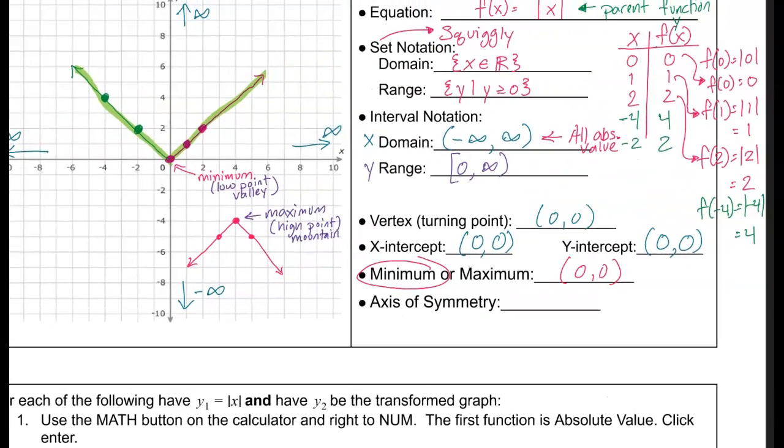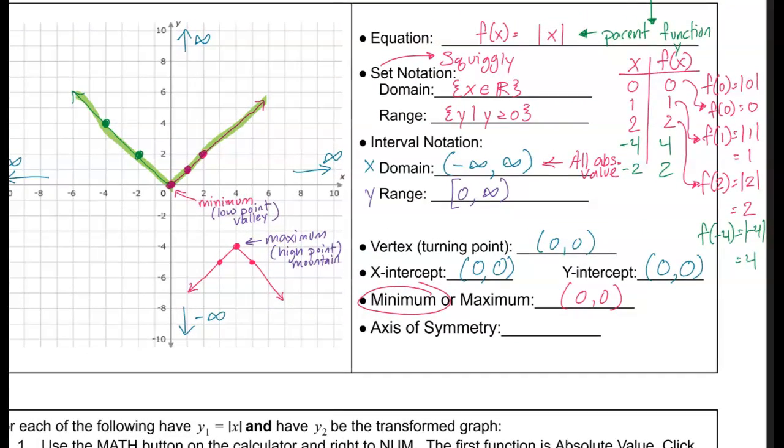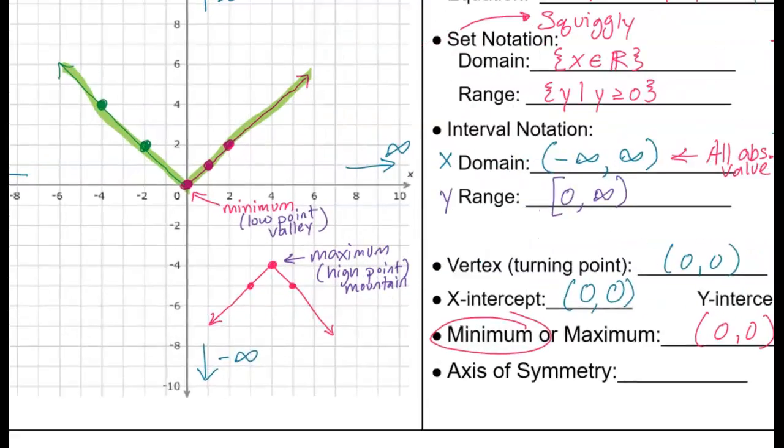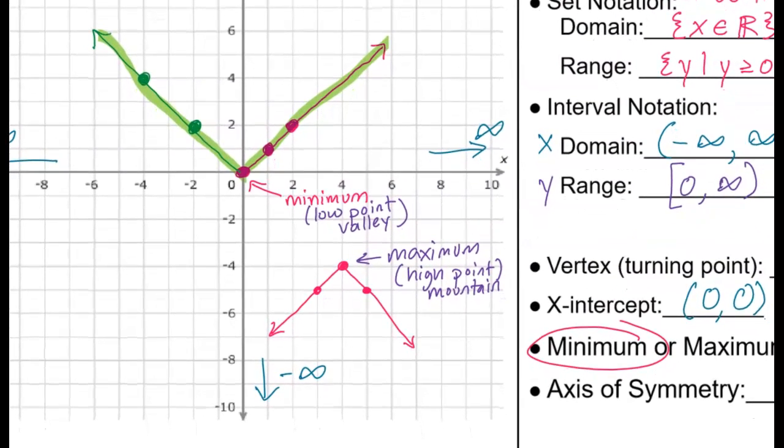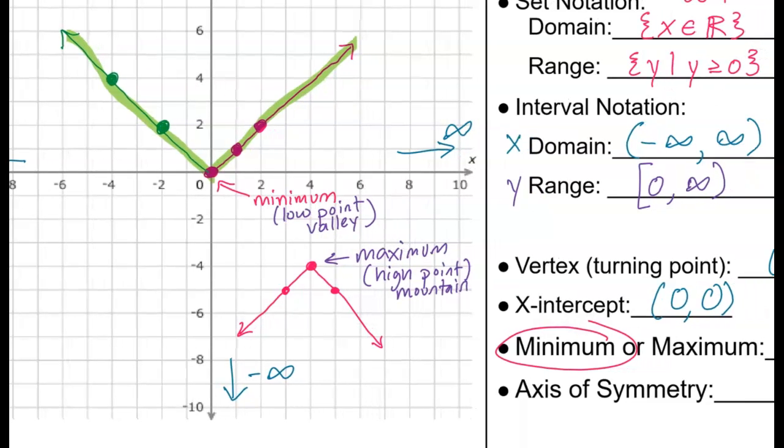All right. And then lastly, what's our axis of symmetry here? You guys did this a lot in geometry, I think. Or did it a little bit, at least. What is an axis of symmetry?